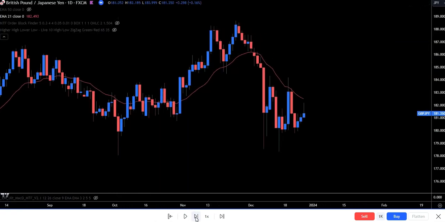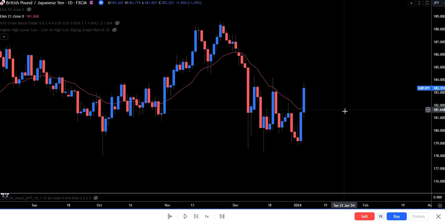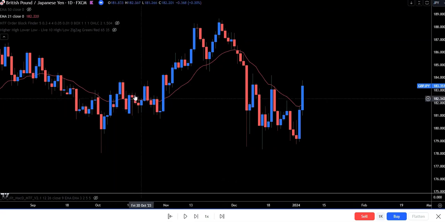Let's play the chart a bit more now and see this type of pattern. You might find this type of pattern on a smaller scale, also on other time frames. Let me see, where is it? Not the polyline, I would say, yeah.